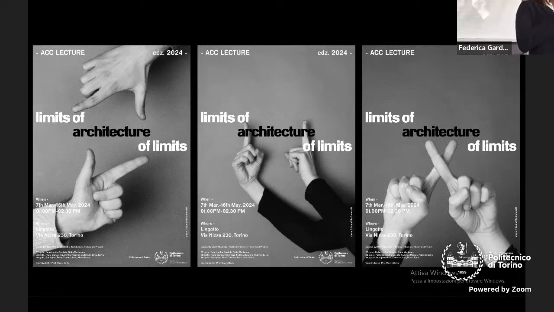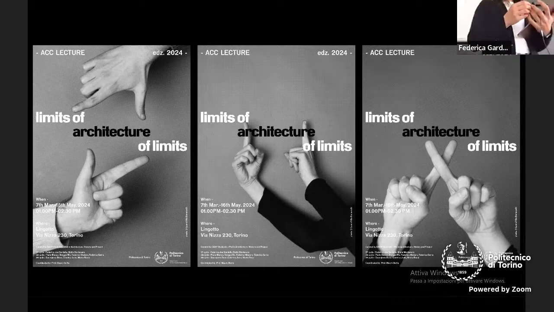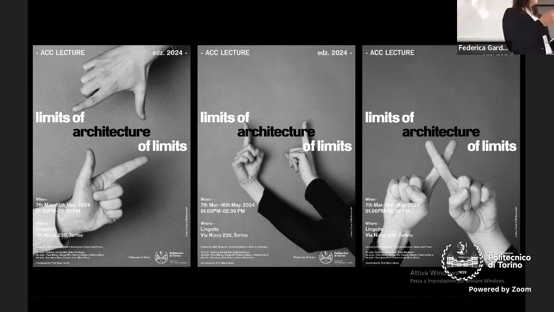So the 2024 ACC lecture series is titled Limits of Architecture, Architecture of Limits. It's a cycle of 12 seminars curated by a team of PhD students from the program of Architecture History and Project of the Politecnico di Torino. This program is open to all the architecture students and aims to discuss among architects, researchers, designers, and other professionals related interdisciplinary fields.